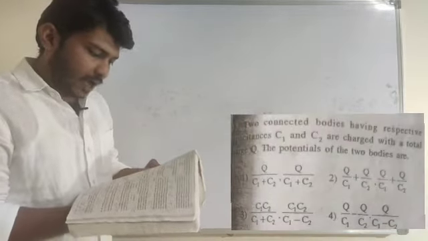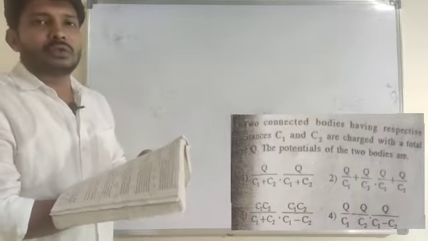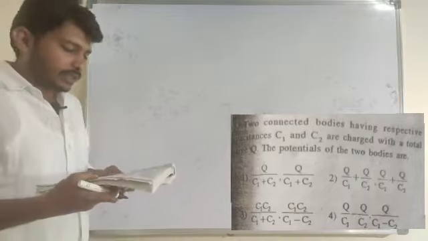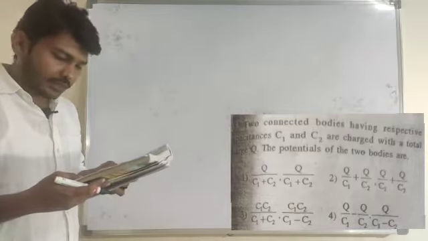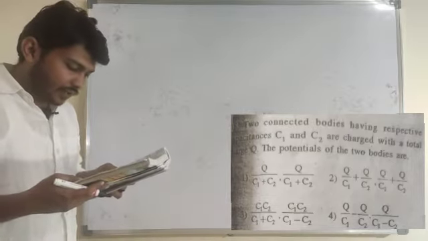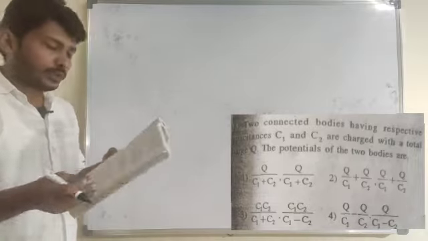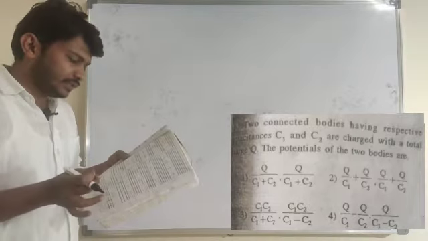Two connected bodies have respective capacitances C1 and C2 and are charged with a total charge q. So what is the total charge here? The total charge is q.